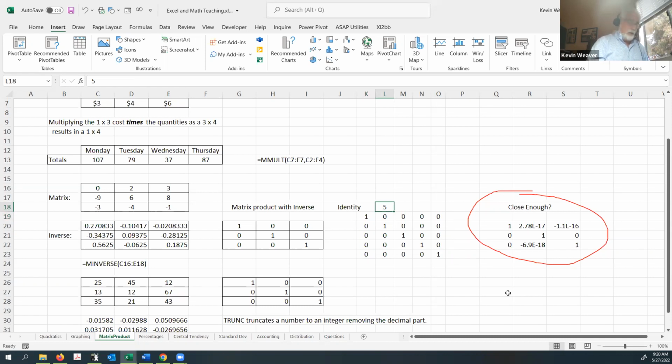If I wanted a 4 by 4, I could change that to a 4, and you'll notice that M unit of the value that's in L18 then dynamically creates the 4 by 4 identity matrix. So that is how I teach matrix multiplication, matrix inverse, and then to use some other things like creating an identity matrix.